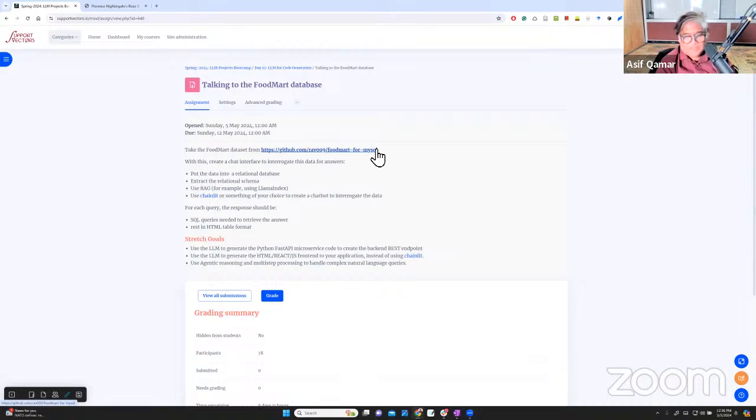And here are a few stretch goals for you. Use the LLM to generate the Python FastAPI microservice. You'll need a microservice for this UI. Call it your data interrogator. Has anybody read The Brothers Karamazov? There's a lovely chapter there called The Grand Inquisitor.